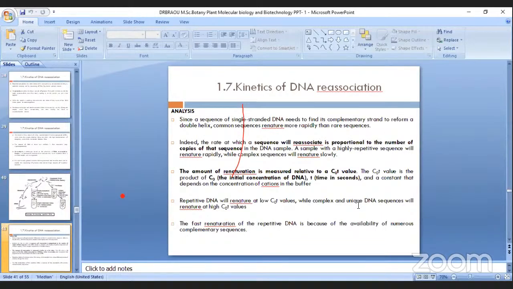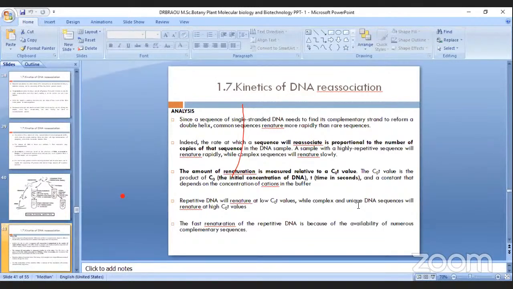Analysis of this procedure. What do you see from this procedure? From this procedure, you find how much repetitive DNA is present in the genome.